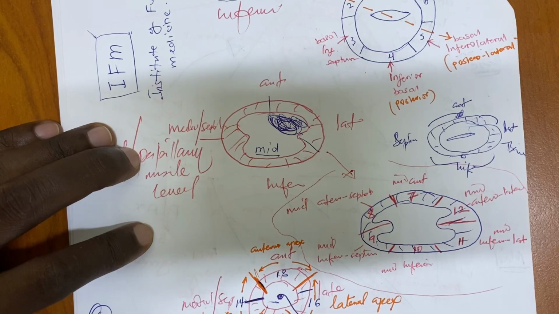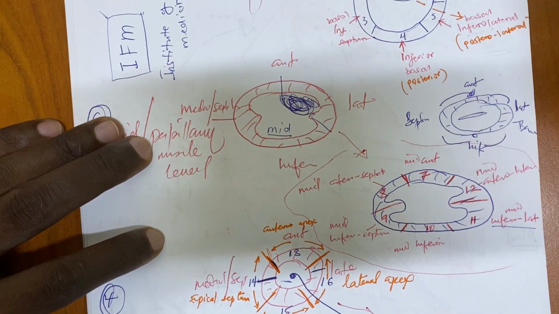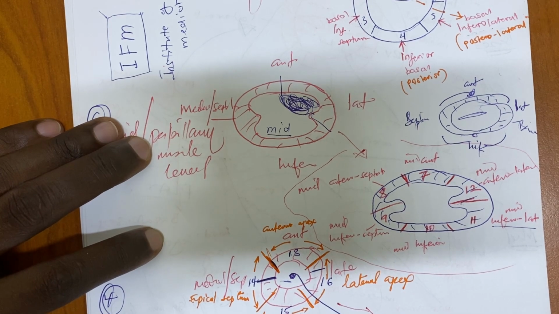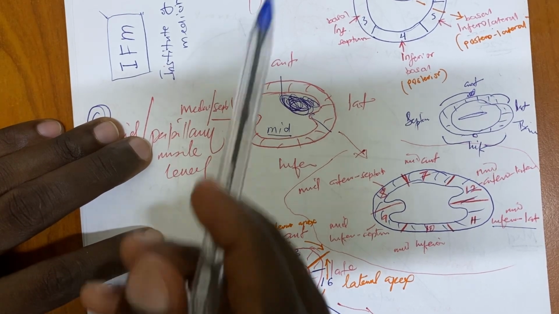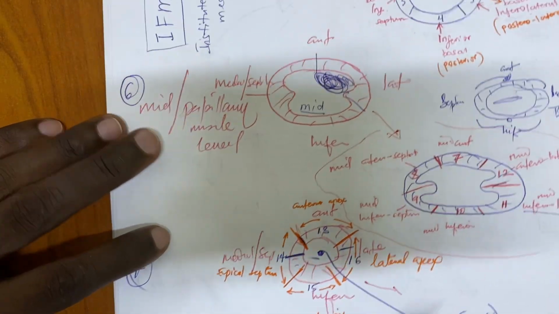This is towards the posterior, the posterior wall. Inferior is posterior. So when you don't say inferior, you can say posterior because you have anterior. Anterior, posterior, they are the same.